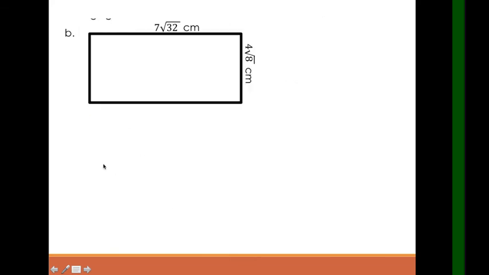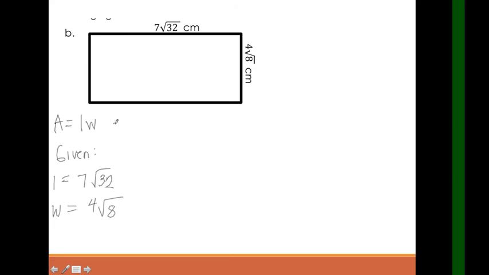We have this rectangle with a length of 7 square root of 32 and 4 square root of 8 for the width. So first we will write the formula for the area, which is length times width. And the givens are: the length is equal to 7 square root of 32, and the width is equal to 4 square root of 8.